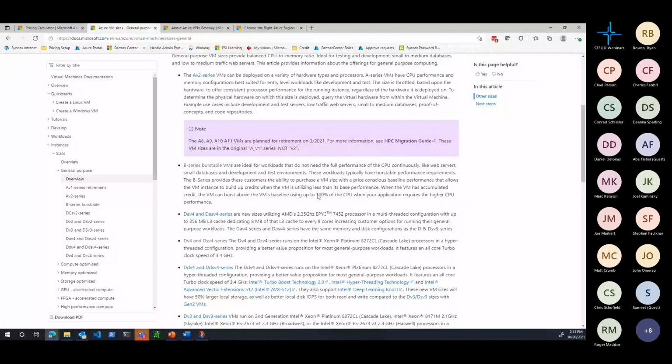Now, I do want to talk while I'm here, and I'll show you the difference between them, about these B series machines. A lot of us have customers who have domain controllers or lightly used web servers or SFTP servers or services that need to be up all the time, but don't really need a lot of compute capacity all the time as that server is running.